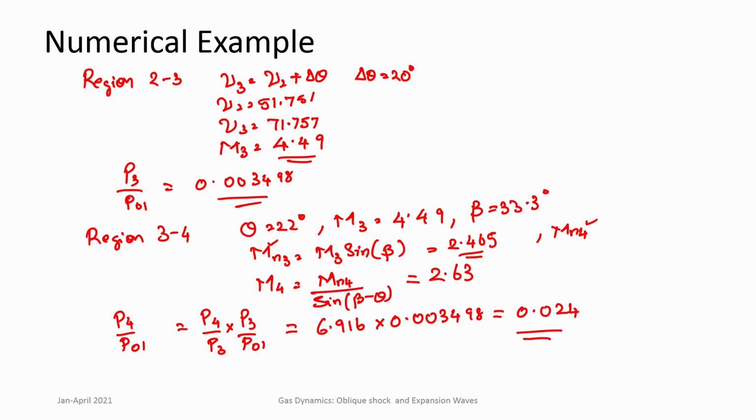Now we look at the lower side. What happens in the lower side? You have started off with the shock, so it is something like this. There is a shock here and the flow from the initial has deflected by 22 degrees.